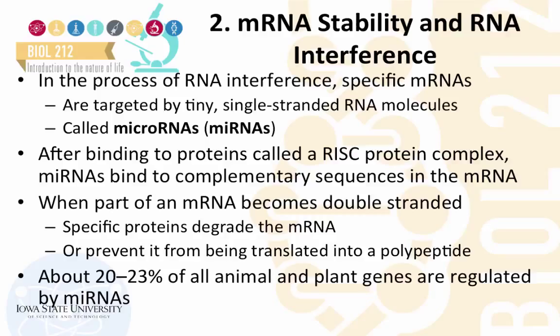When part of an mRNA becomes double-stranded, this sends a signal to specific proteins to degrade that mRNA or prevent it from being translated into a polypeptide. About 20 to 23% of all animal and plant genes are regulated by miRNAs.